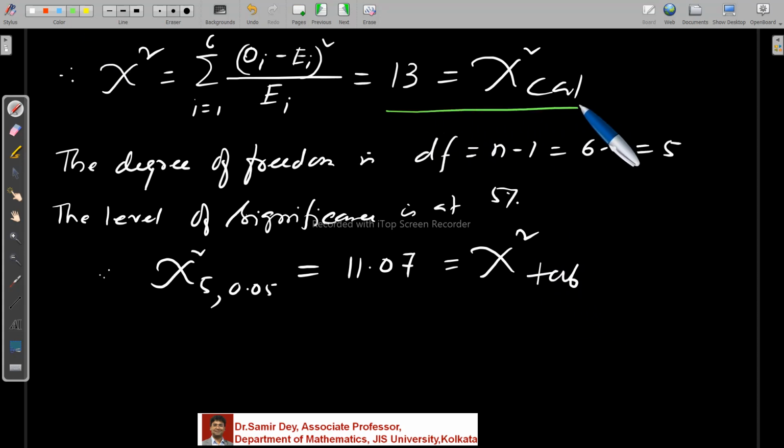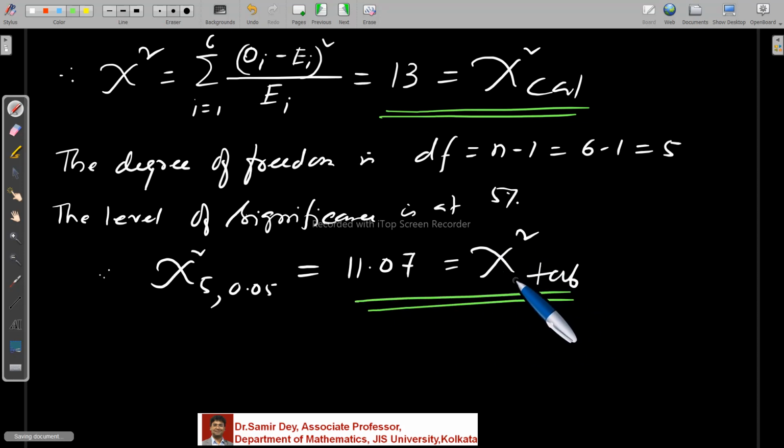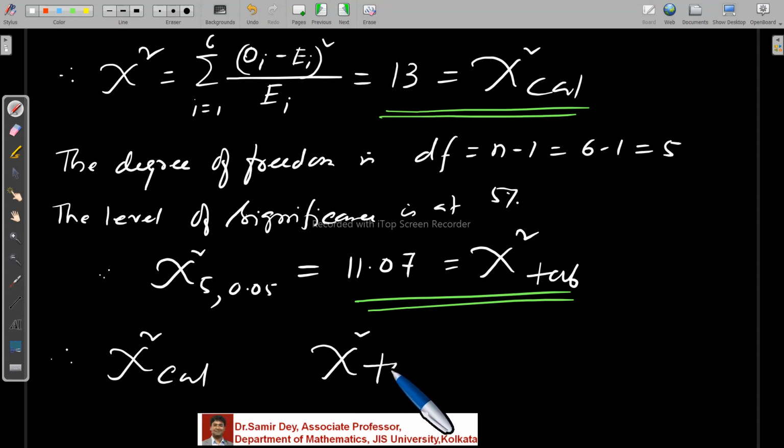This one is cal, this one is tab. That means this one is coming from your table. So from here it is clear, chi square cal and chi square tab, which one is big? Chi square cal is big. Here it is 13 and this one is 11 point something. Okay, is it clear?